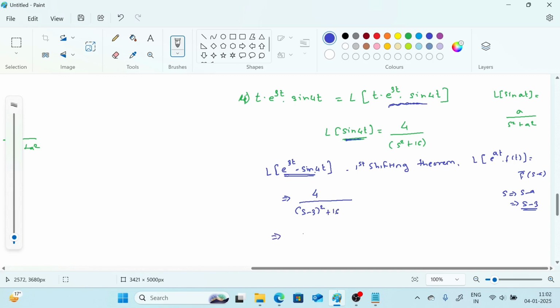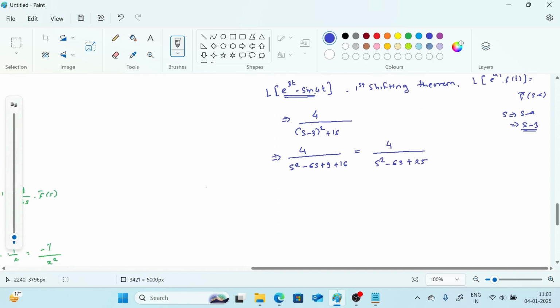If I simplify it further, 4 upon s square minus 6s plus 9 plus 16. After further simplifying it, 4 upon s square minus 6s plus 25.